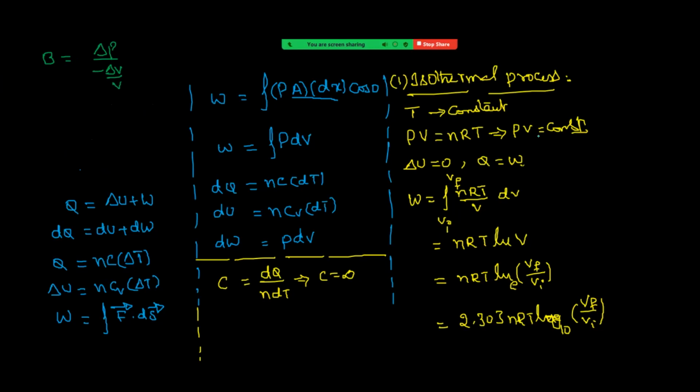So we have the condition PV equal to constant. Now differentiate that. It becomes P dV plus V dP equal to 0.